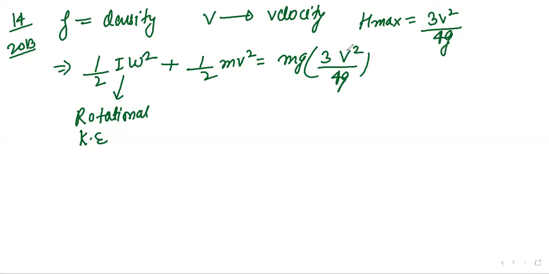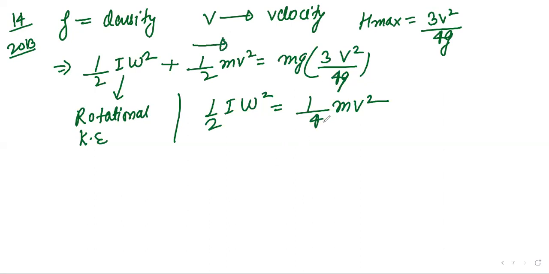So after simplifying, you will get 1 upon 2 I omega square is equal to 1 upon 2 4 mv square. Right. So take this part on the other side. So it is 1 upon 2 I omega square. This can be solved like this.